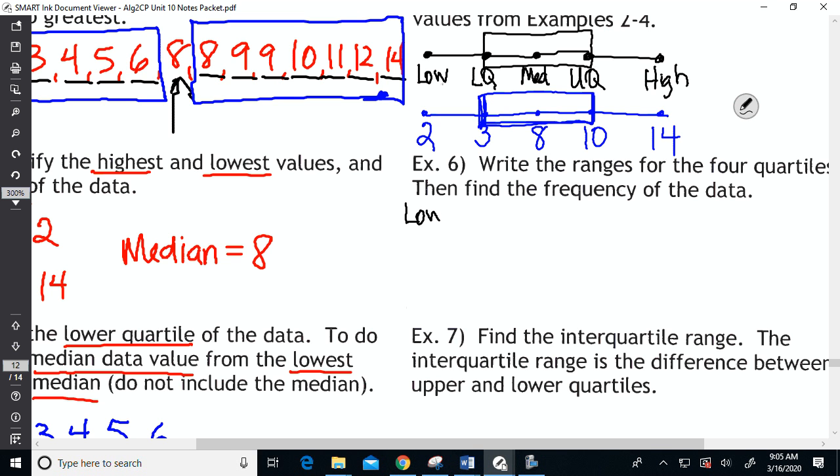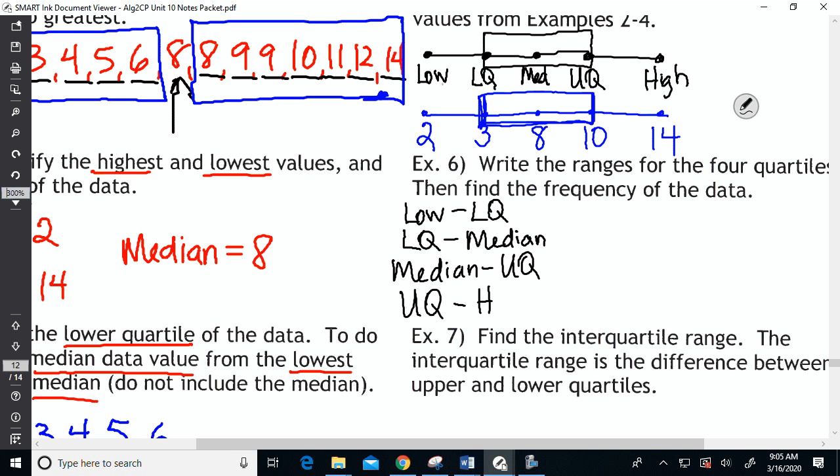It's low value to your lower quartile, to your median, to your upper quartile, and finally your upper quartile to your highest value. So in your case, you simply need to identify the values that go to each part.